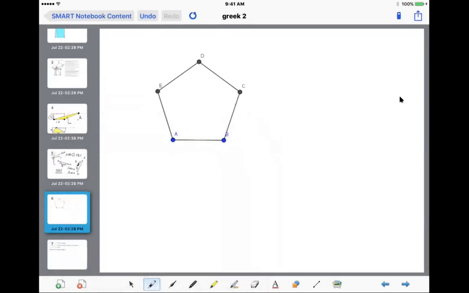Here is a challenging question for you. Well, I'll start with a less challenging question. What is the measure of one interior angle of a regular pentagon?